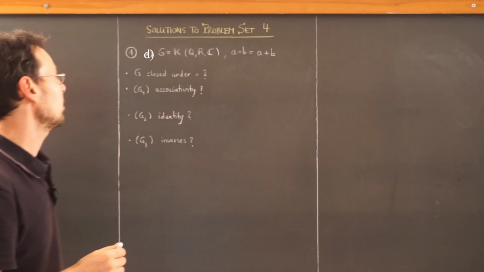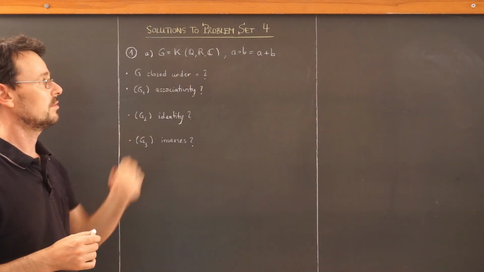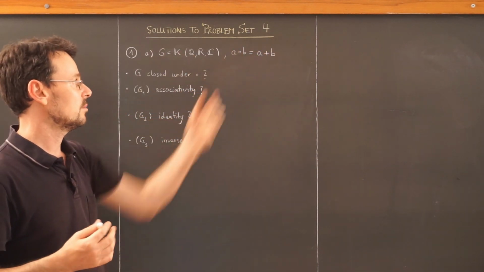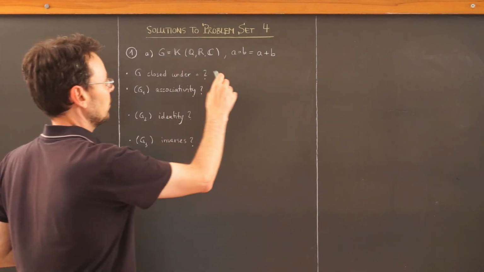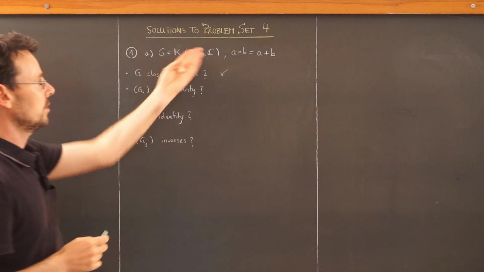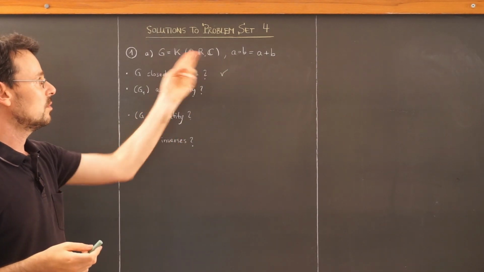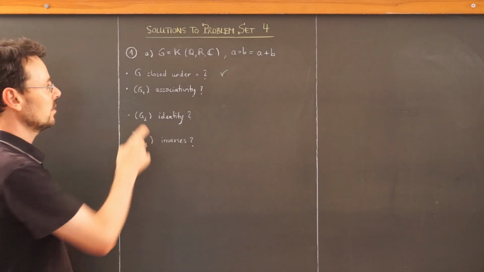Okay, next example. We take one of the known fields, the rationals, the real numbers, or if you know them already, the complex numbers. And as operation, we simply take addition. And then by the known rules you've learned in school about the rationals or the real numbers, of course, the sum of two of those is again an element of this so-called field here.